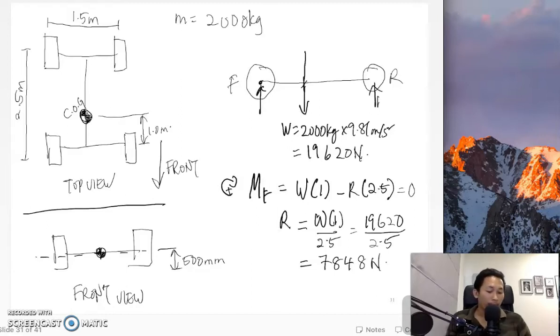And then we can calculate F, which is equal to 19,620 minus 7848. So the force acting on the front wheel is 11,772 Newton.